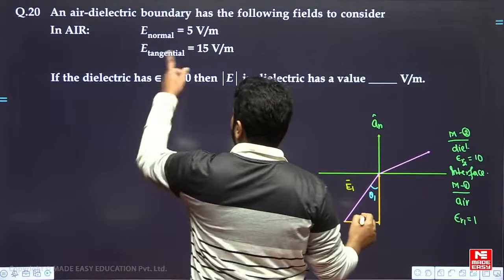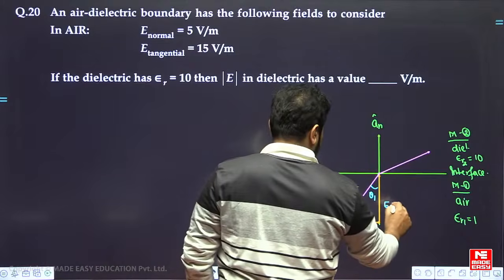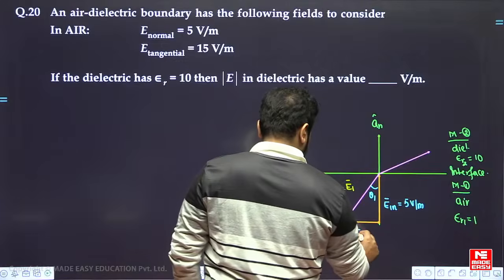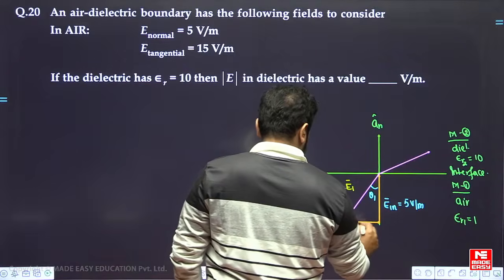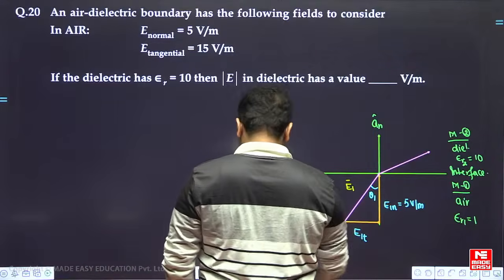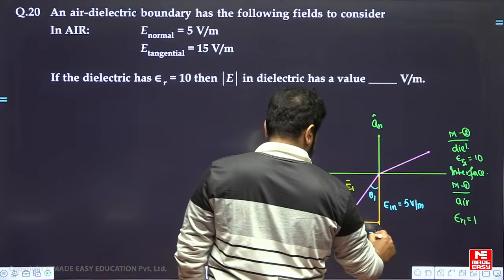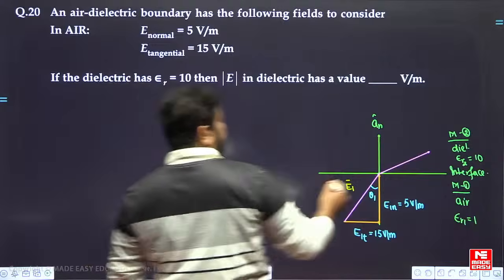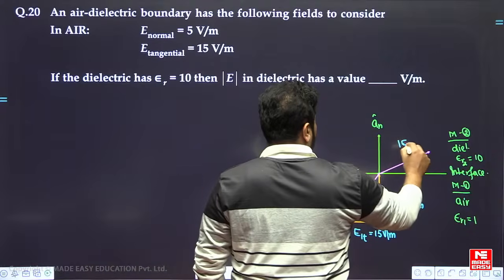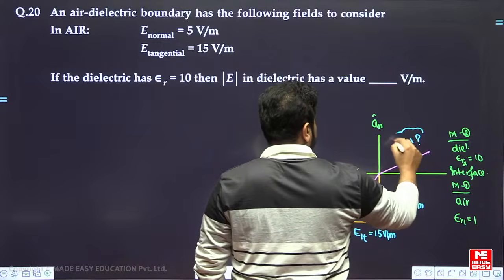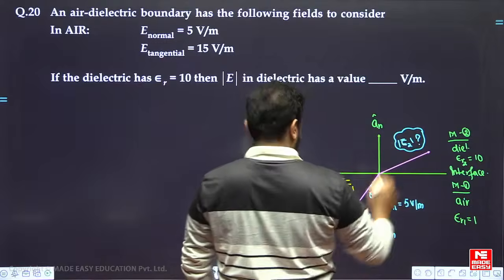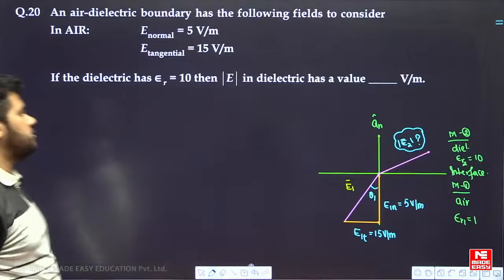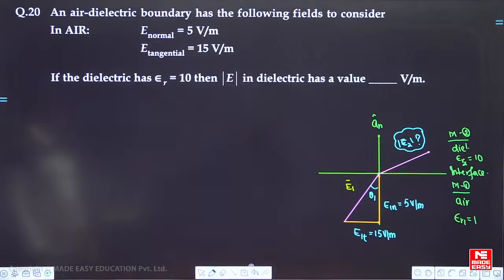What is said is that electric field normal, this is E1 n vector, is given as 5 volt per meter, and tangential, that is E1 t vector, magnitude is given as 15 volt per meter. Now, what are they asking? Mod of E in the dielectric. That means they are asking what is the value of mod of E2. This is the question. I hope the question is clear to everyone. So, they are asking what is the value of mod of E2.